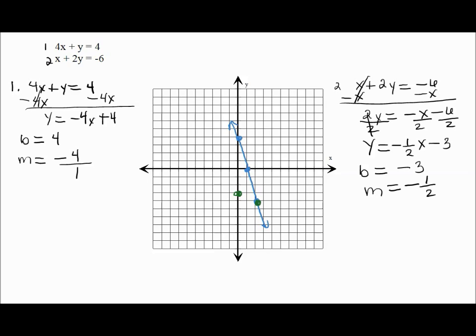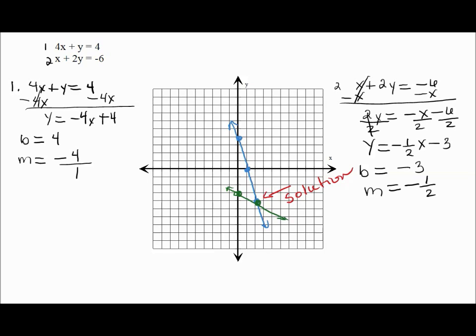I've already hit the point of intersection for the two lines. And then I'll just draw my line through, being as careful as possible. Let me fix that. I think I can get a little bit straighter than that. That's a little better. And be sure that you are using a ruler when you do this. And I see here's my solution.